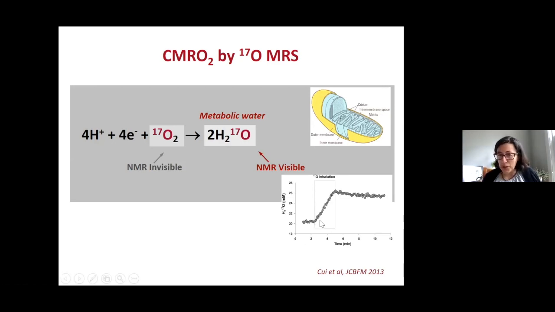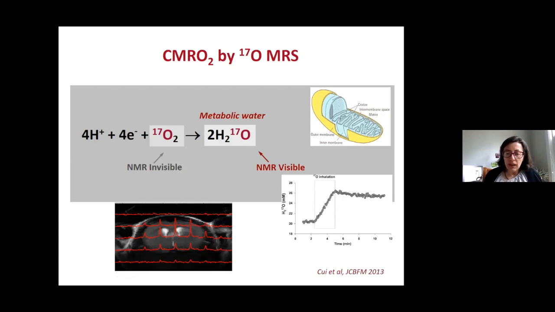This is a very quick measurement, and you reach a new steady state. From this slope, you can calculate CMRO2. And this is done in chemical shift imaging form anyway, so you get maps of CMRO2 in the mouse brain.